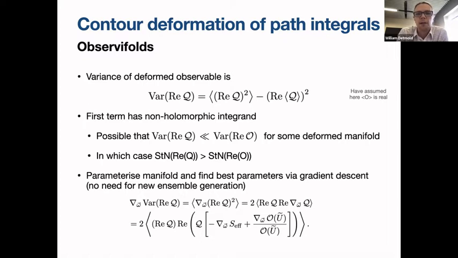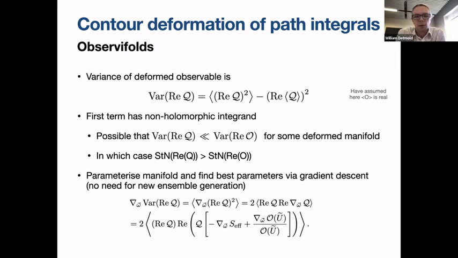And it's possible that the variance of the real part of Q will be less than the variance of the real part of O for some particular choice of deformed manifold. It's also possible that the variance of Q will be worse, but we won't be trying to find those cases. If we can find a deformation that produces an observable that has a smaller variance, then we've increased our signal to noise ratio.